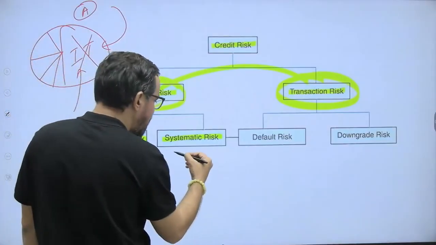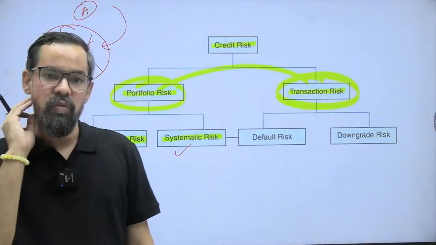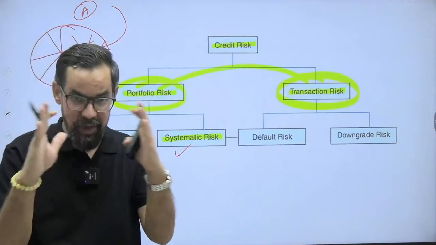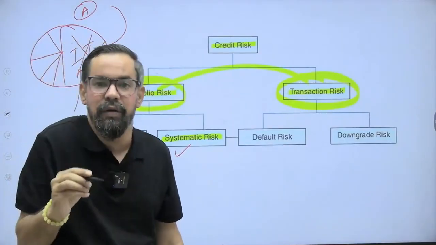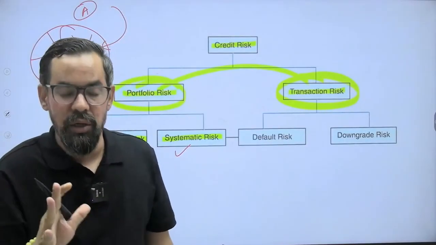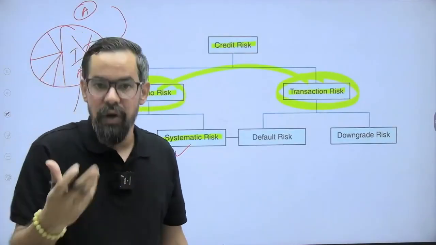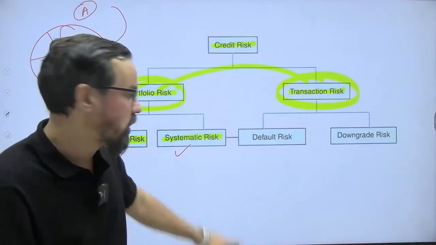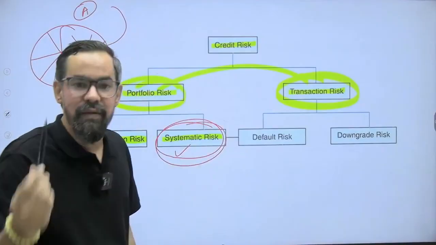Then we have systematic risk. Systematic risk is something which is non-controllable in nature. I hope you know the basic bifurcation of risk: systematic and unsystematic. Unsystematic is controllable in nature, related to the individual or the bank, and with allocation or suitable policies we can control it. But systematic is basically non-diversifiable.